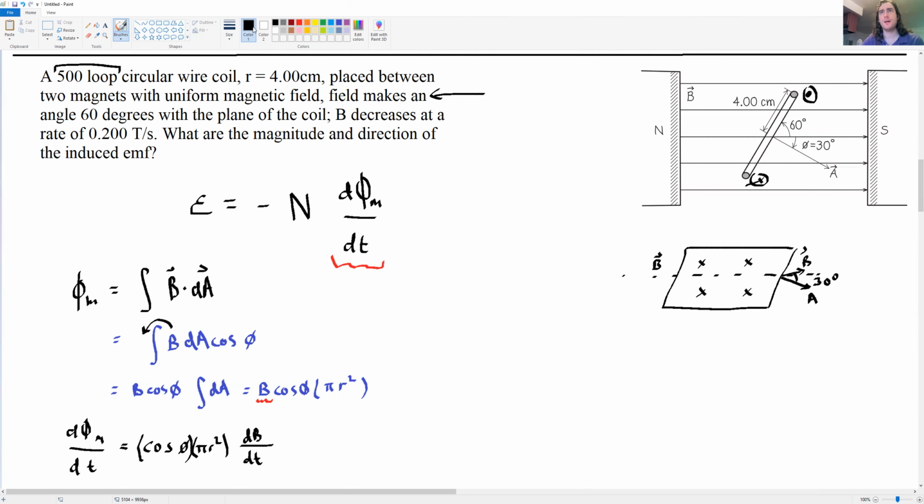But what I usually like to do is always work with the magnitude of the induced voltage E, and then figure out the direction using a Lenz's law or right-hand rule approach.